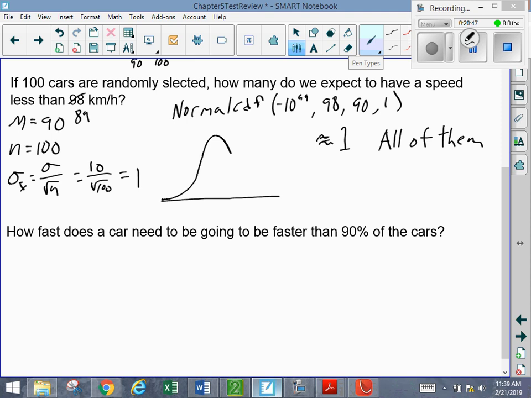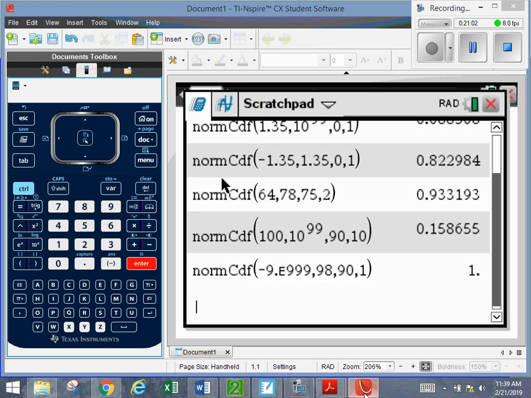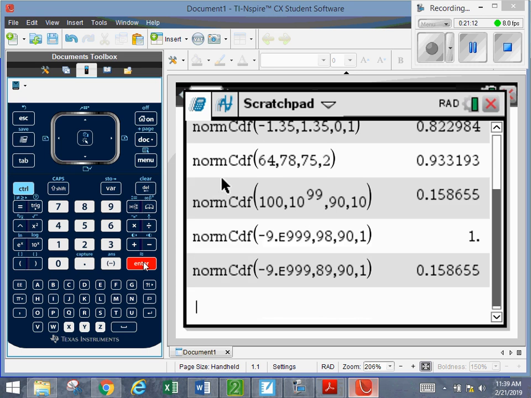Sorry, guys. I don't know what happened with this problem. 90, 89, somewhere here. So we're looking for this, which means that we can perform the same calculation. I can just copy this, change this one to 89. And then I would get approximately 0.159.